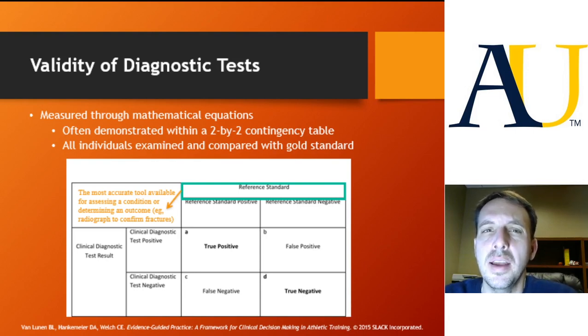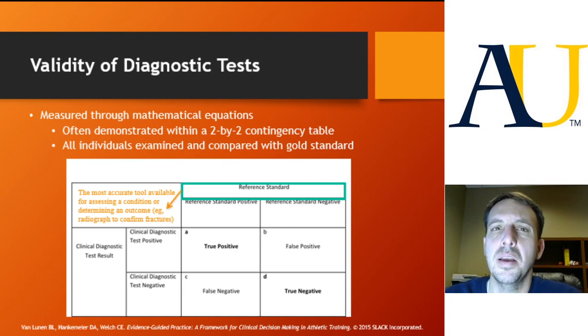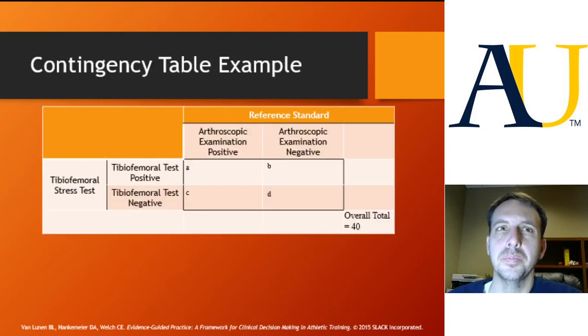So we can have false negatives and false positives, meaning that the test was incorrect, or true positives and true negatives, indicating that the test was correct.